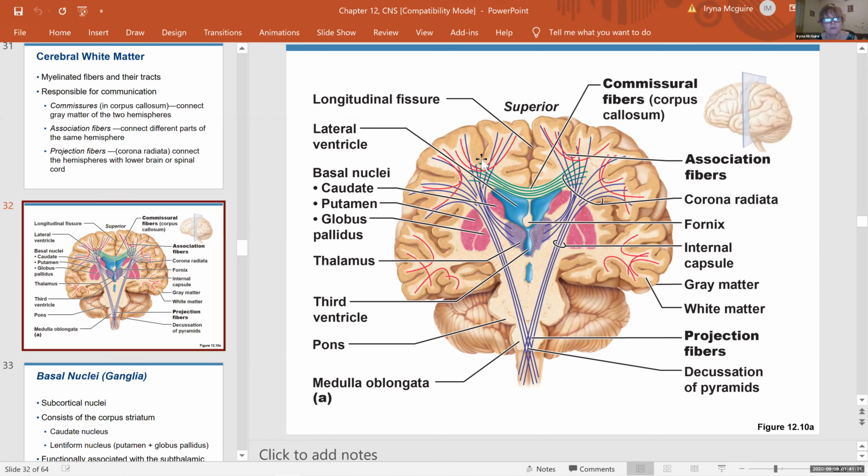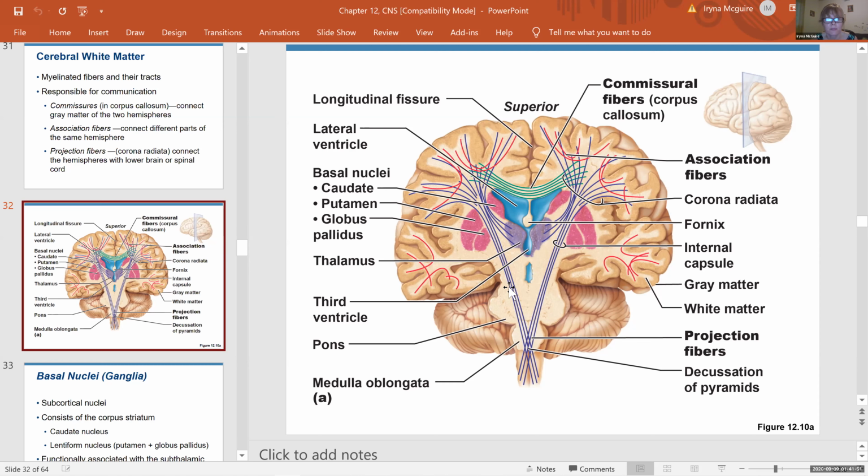Under it, you will have white matter, and those are axons. They look white because they're myelinated. This is where information moves back and forth, up and down, right and left, and depending on what fibers are there, they have different names: commissure fibers, right and left; projection fibers, up and down; association fibers, front and back, within one hemisphere.